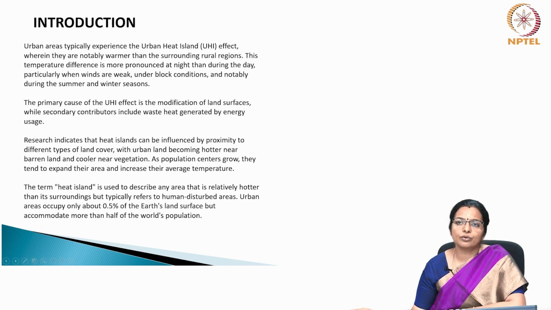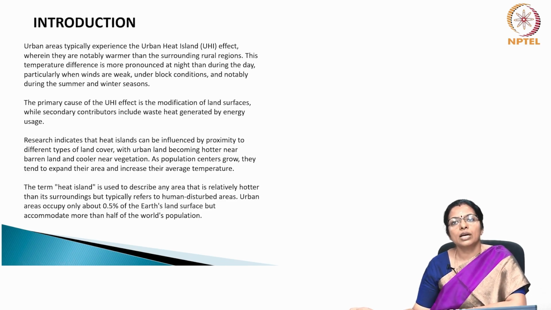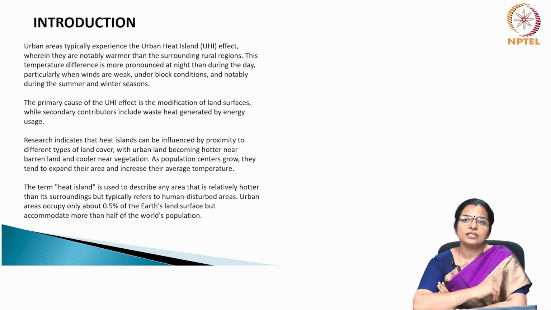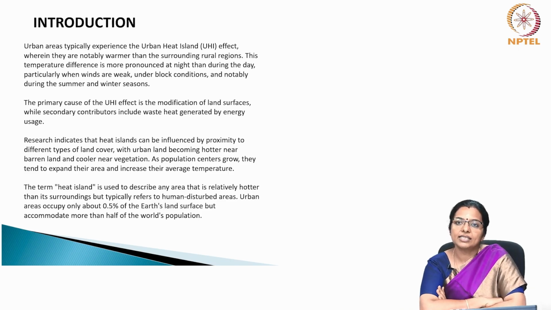The primary cause of the UHI effect is the modification of land surfaces, while the secondary contribution includes waste heat generated by energy usage. Research indicates that heat islands can be influenced by proximity to different types of land cover, with urban land becoming hotter near barren land and cooler near vegetation. As population centers grow, they tend to expand their area and increase their average temperature.